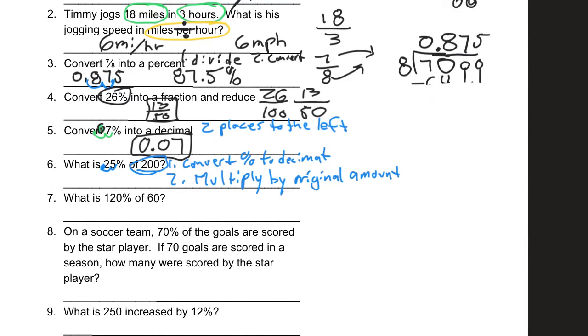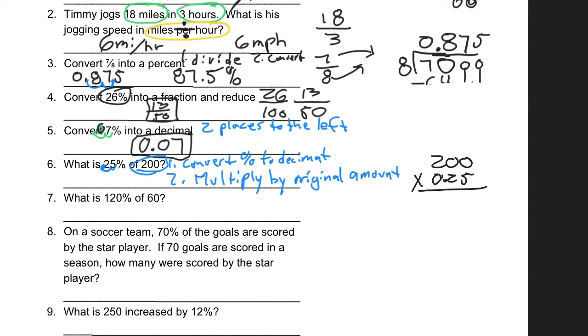All right. So I've got 200 times 0.25. And I always put the smaller number on the bottom, so I have less things to worry about. Okay, it kind of doesn't matter.